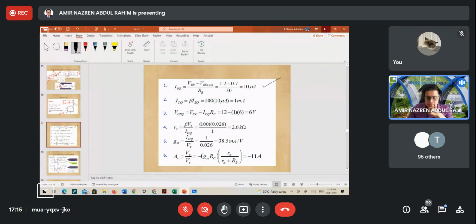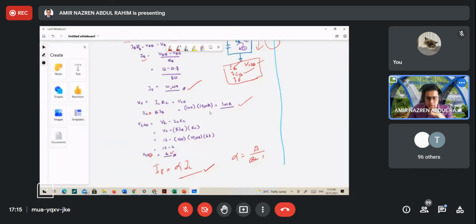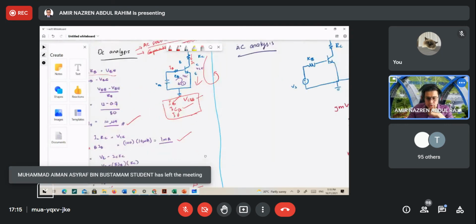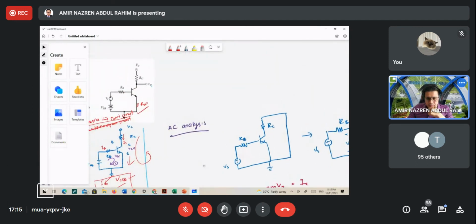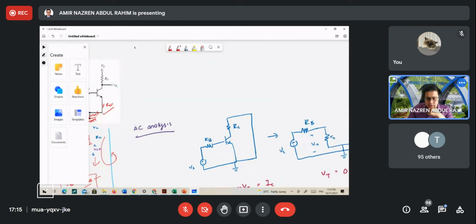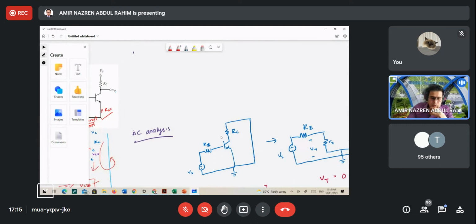All right. So after we run this DC analysis, now we can look for the AC analysis. As we already learned, if we want to proceed to AC analysis, we need to open circuit if we have an inductor.